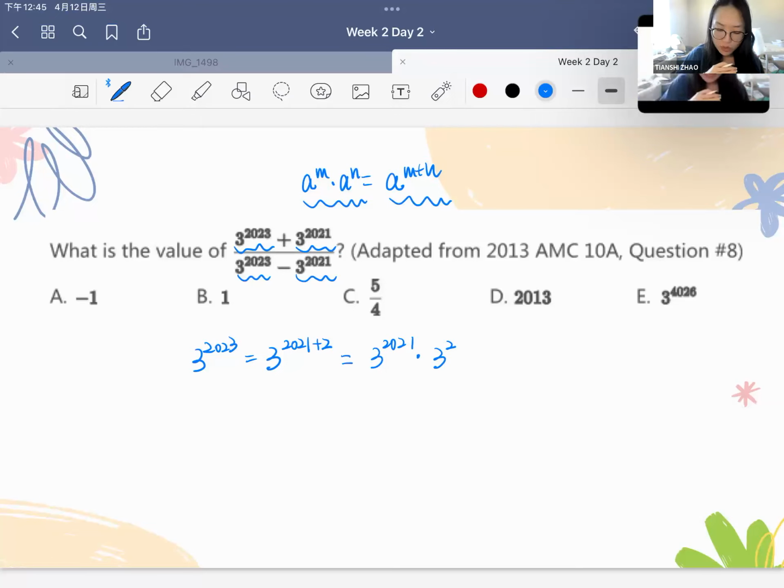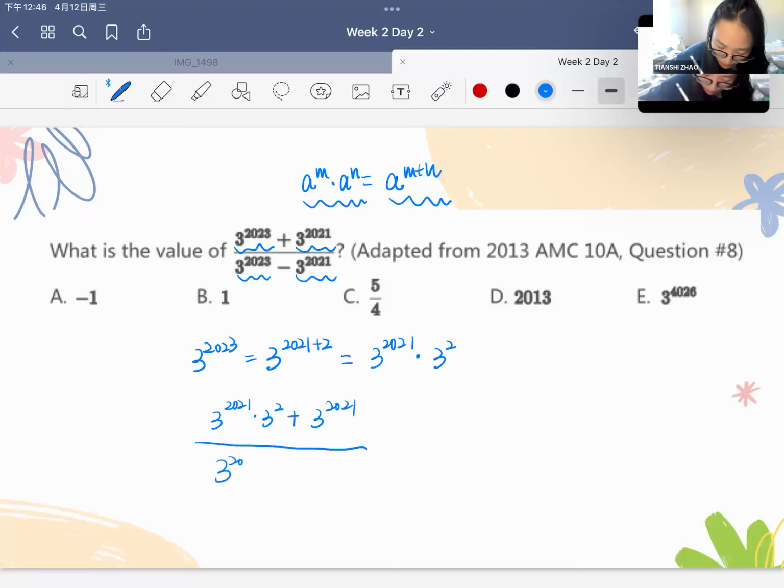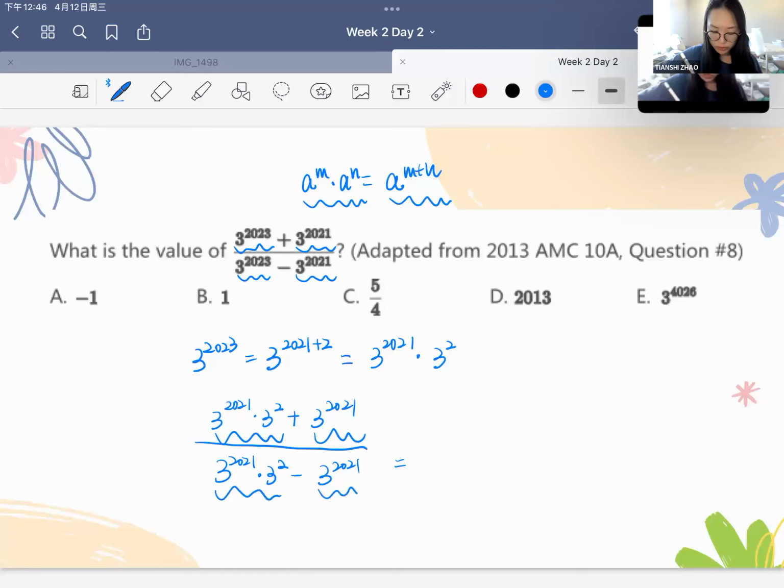And in that case, what is the new fraction? So we can write it in the form of 3 to the power of 2021 times 3 to the power of 2 plus 3 to the power of 2021, and then divided by 3 to the power of 2021 times 3 to the power of 2 minus 3 to the power of 2021. So here you can find that all four terms have the common factor 3 to the power of 2021.